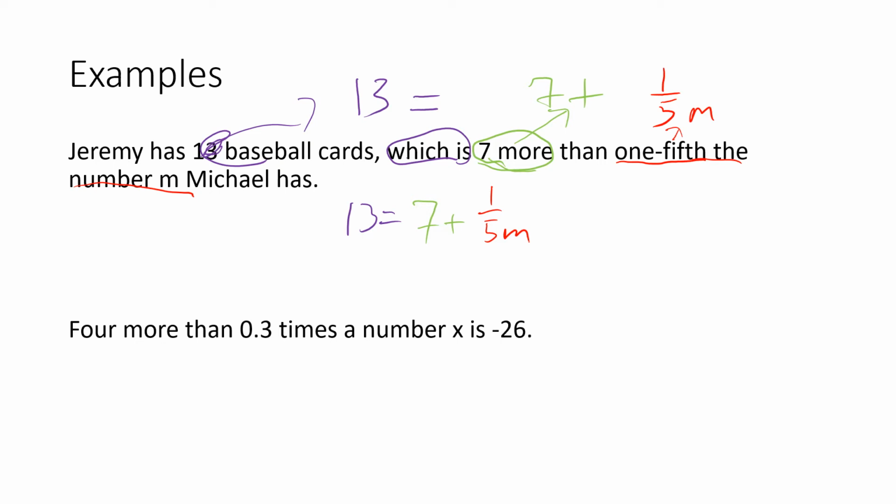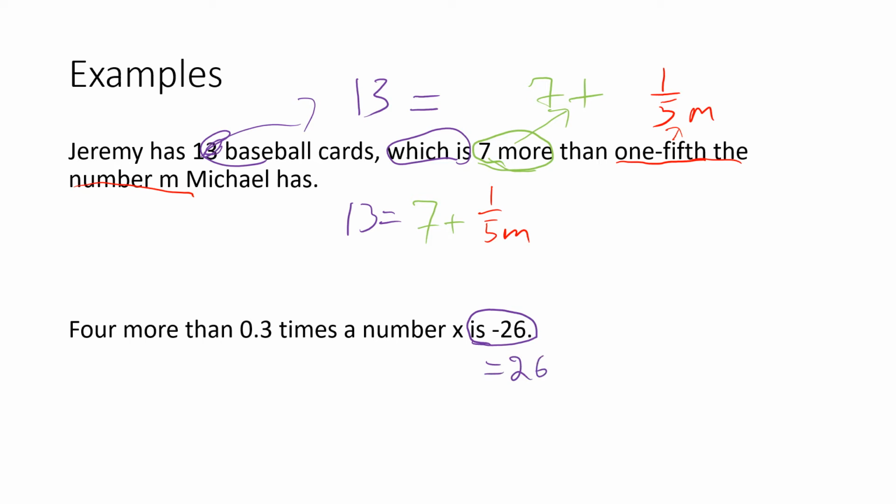All right, our last example. 4 more than 0.3 times a number, x, is -26. Again, let's look for that equal sign. There it is, so that's an equals -26.